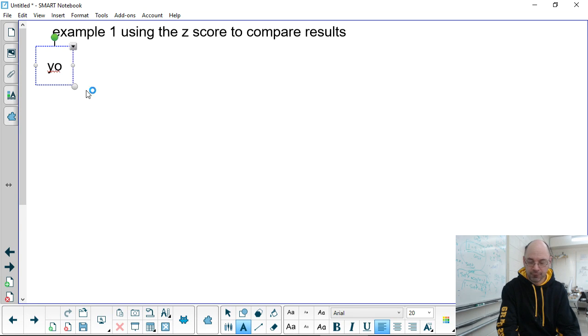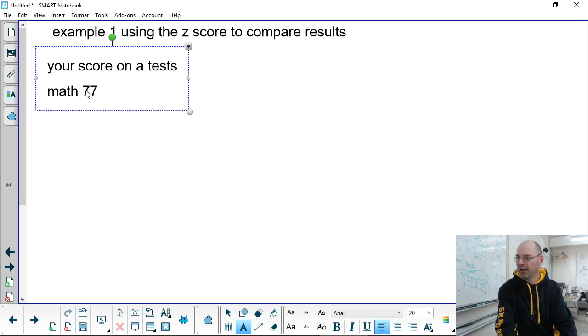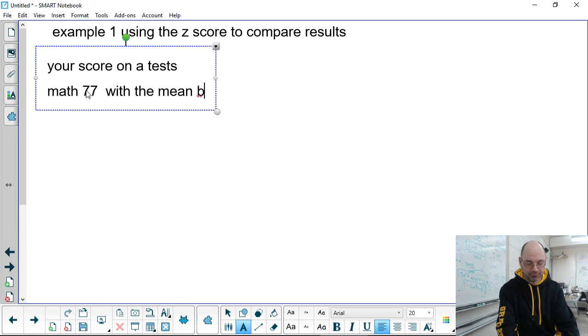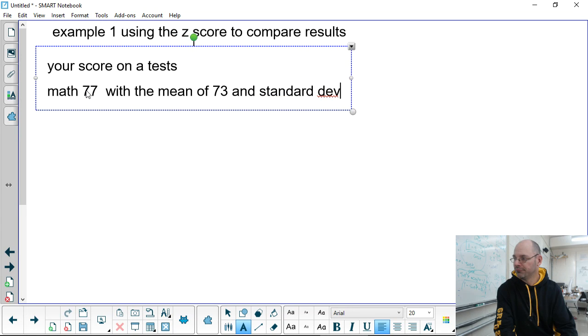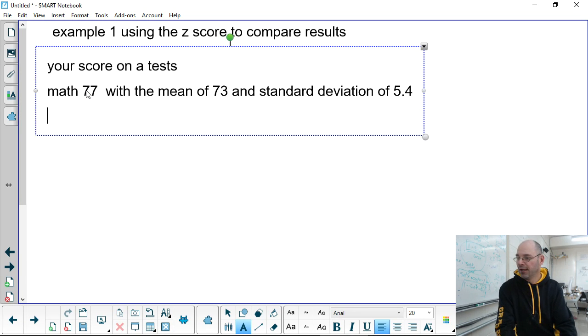Let's say your score on a test, for math, you scored, let's not go that high, 77, with the mean being, let's say it was 73, and standard deviation of, let's say, 5.4.